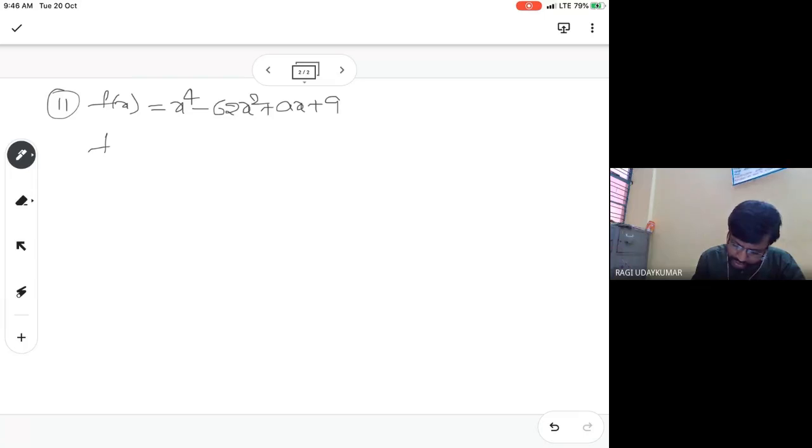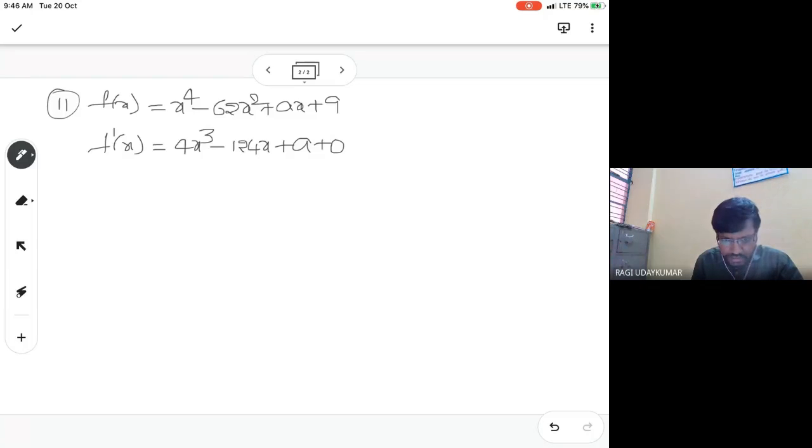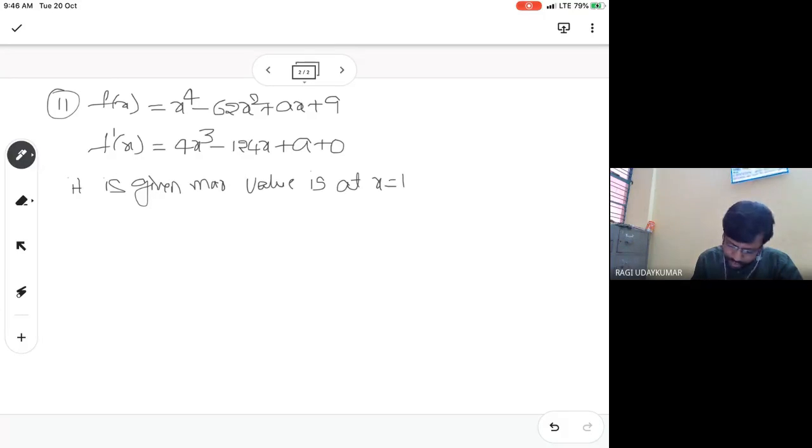So that is f dash of x you need to find out. F dash of x equals 4x cube minus 124x plus a plus 0. As it is given that the maximum value is there at x equals 1, therefore f dash of 1 will be equal to 0.